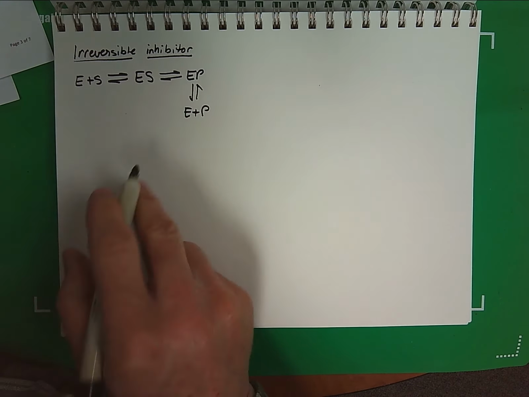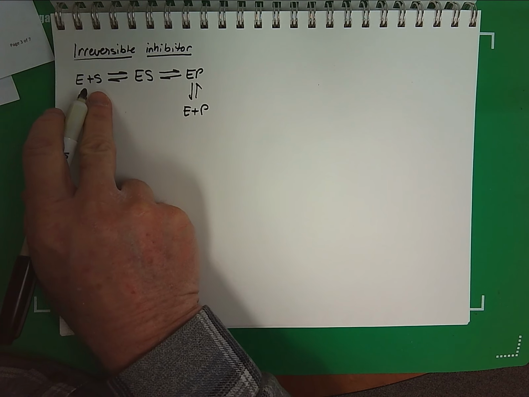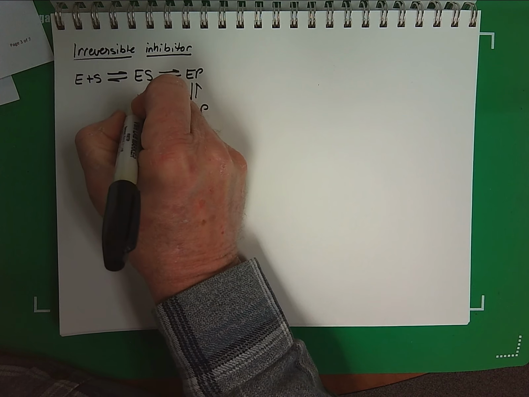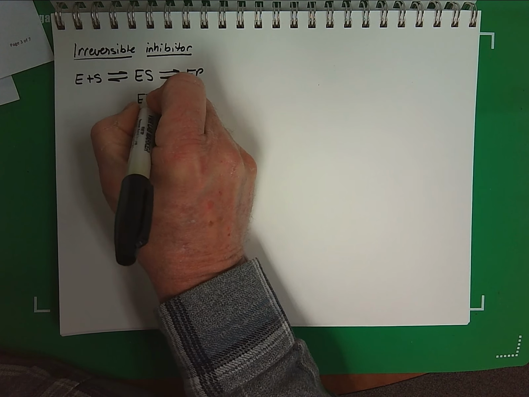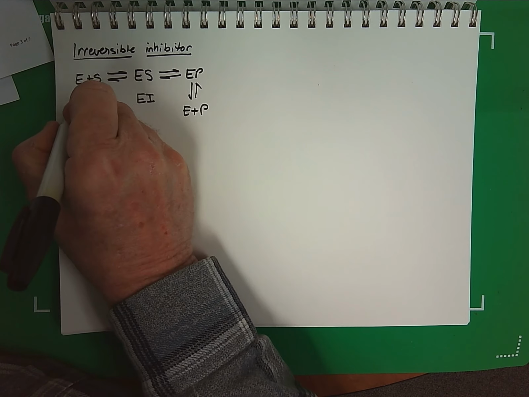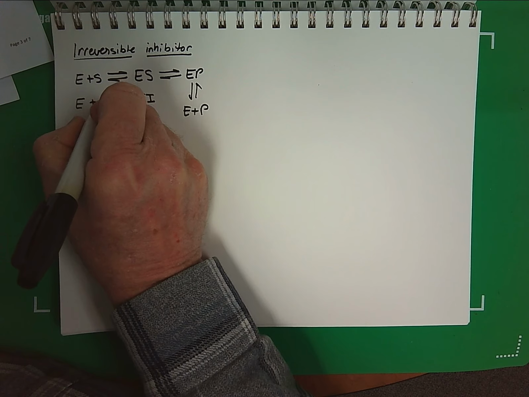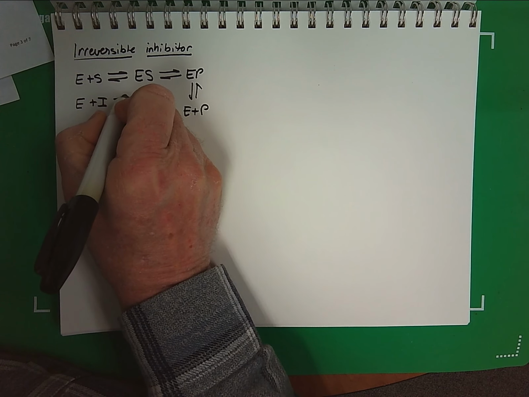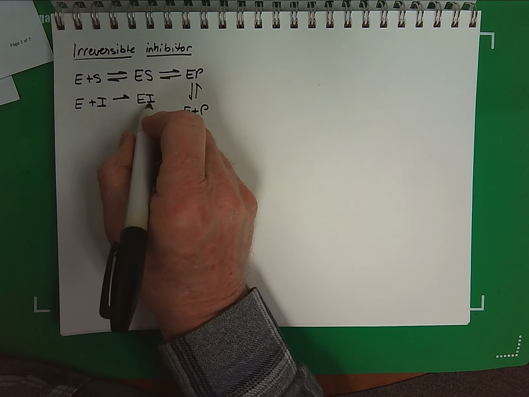What a suicide inhibitor is going to do is form an EI complex. So we are going to add the enzyme plus the irreversible inhibitor. This is going to form the EI complex.